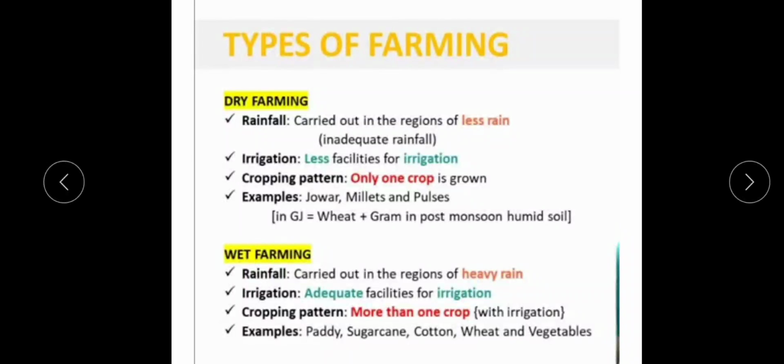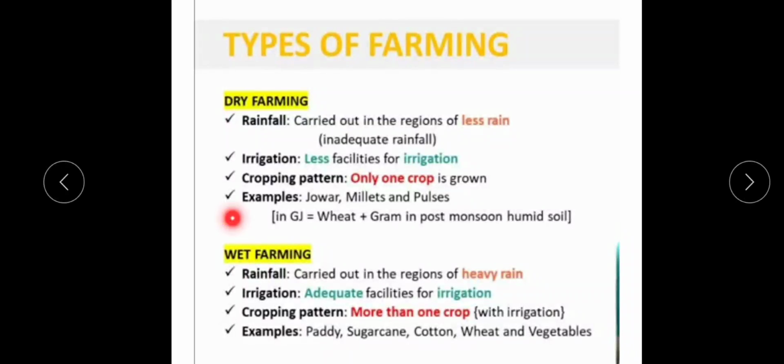Dry farming is done in areas where rainfall is less and irrigation facilities are also inadequate. Here in dry farming, only one crop is grown. Remember this. The people practicing dry farming grow crops like jowar, millet and pulses.